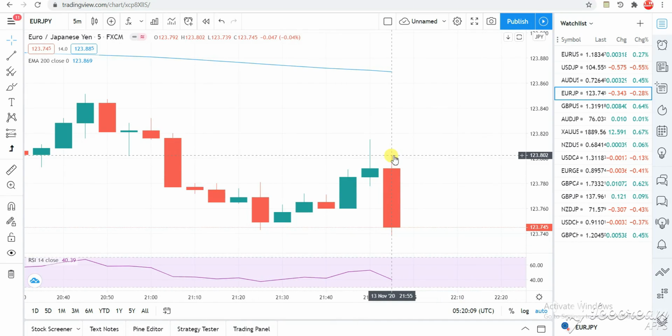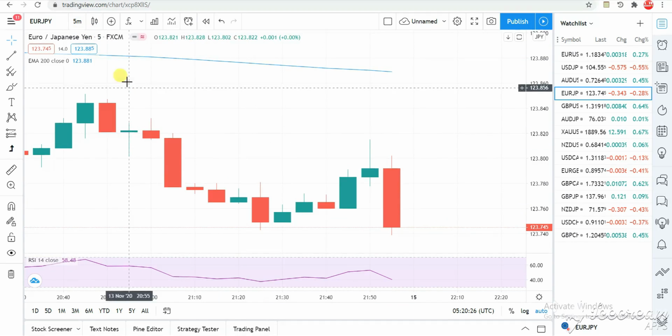This is the high of this recent candlestick on the 5-minute time frame. This is the low of this candlestick on the 5-minute time frame. This is the open and the close of this candlestick on the same 5-minute time frame.